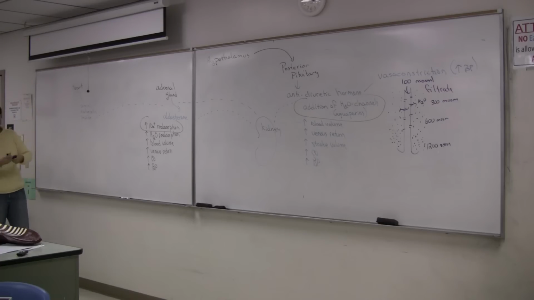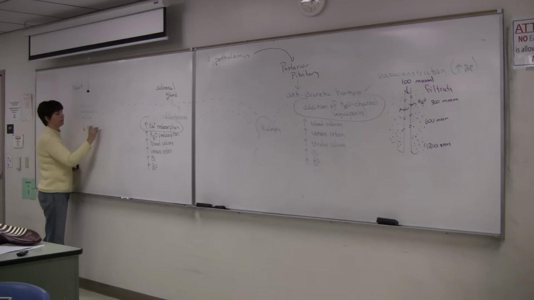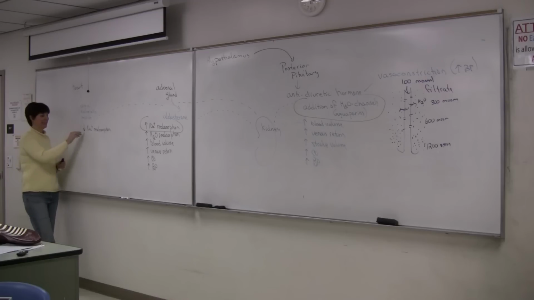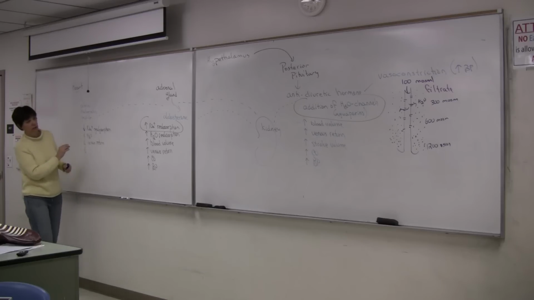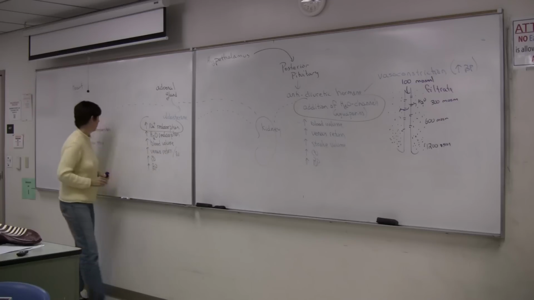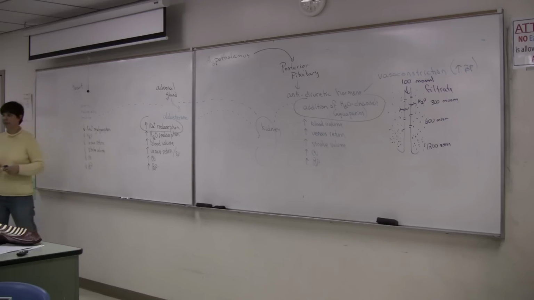It works on the kidneys to decrease sodium reabsorption, which, I think you've got this by now, is going to decrease water reabsorption, which is going to decrease venous return, which is going to decrease, did I leave out stroke volume here? Which is going to decrease stroke volume, decrease cardiac output, and decrease blood pressure.